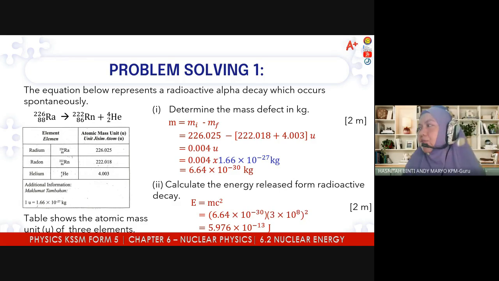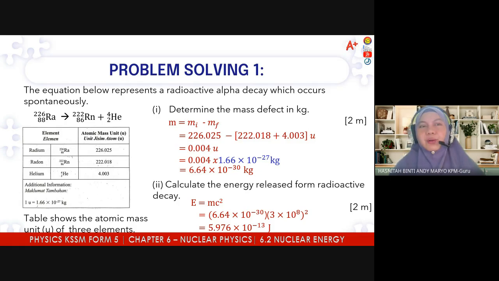So can you find the mass defect in this process? I give you about 1 minute to find the mass defect first in kg, students, for question 4a. The reactants, we have 1 uranium and 1 neutron. The products, we have 1 barium, 1 krypton, and 3 neutrons released there. So how to find the mass defect?